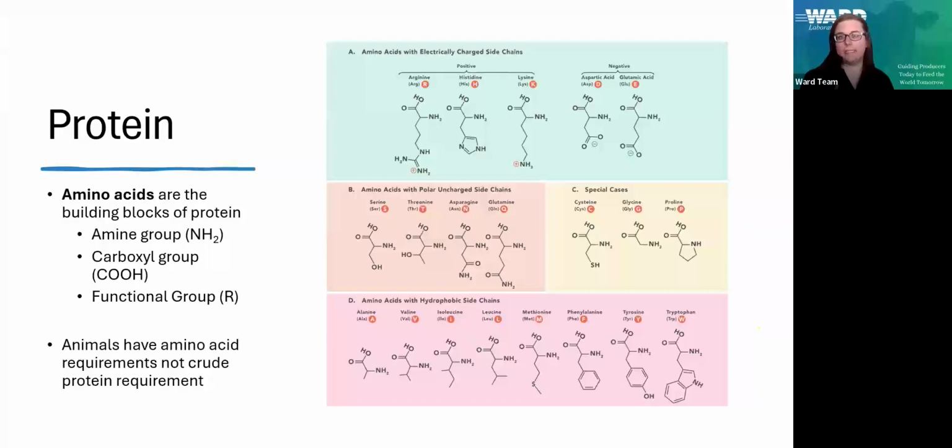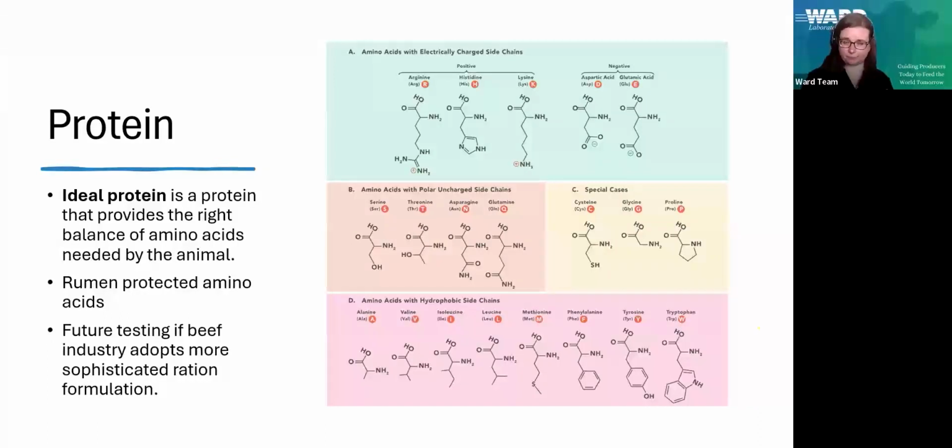And if you went to college and you studied animal science like me or some kind of biology degree, you certainly had to memorize some of these amino acids. And as you know, there's the ruminally protected amino acids out there now. Lysine is one of the common ones that pops in my head right now.